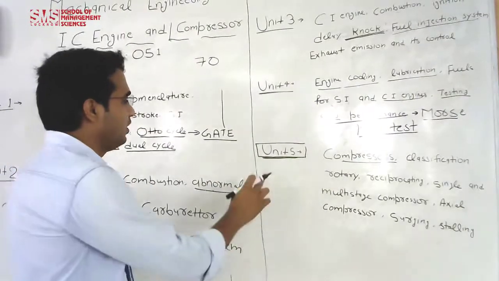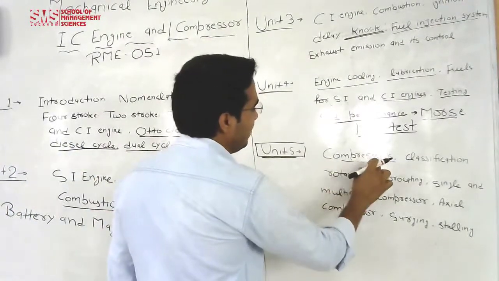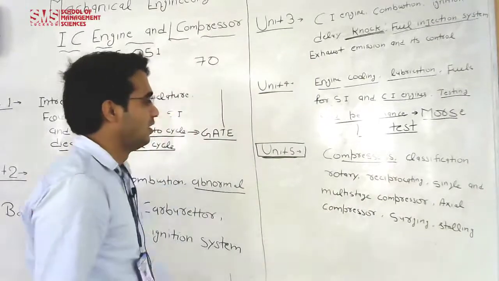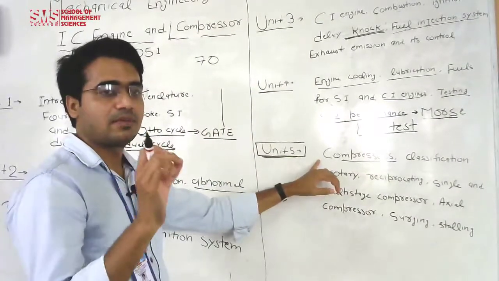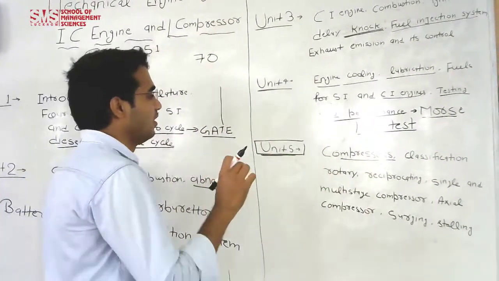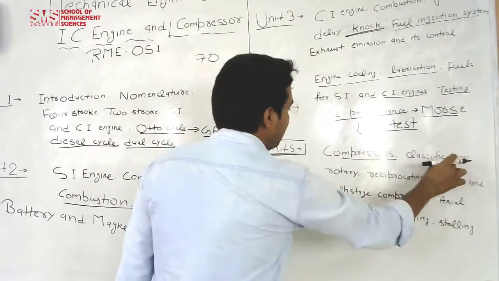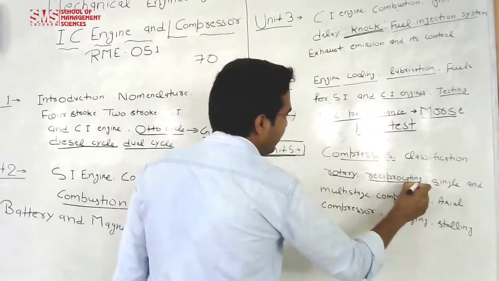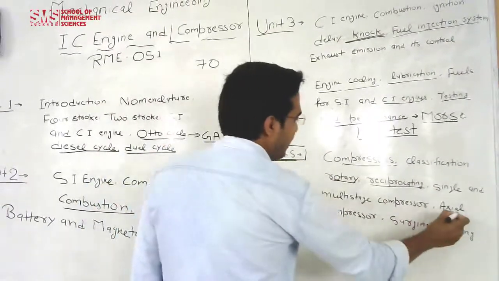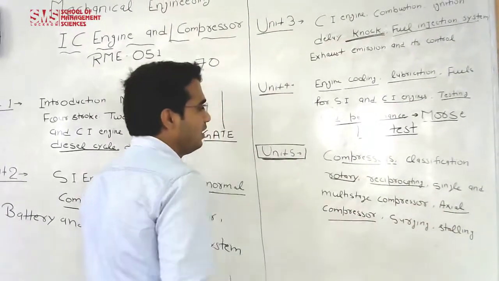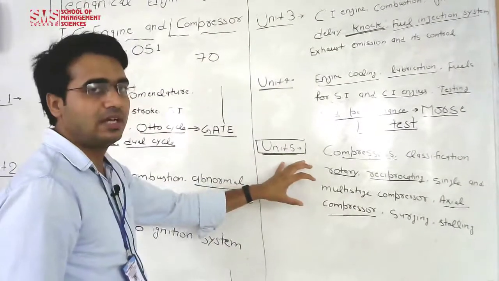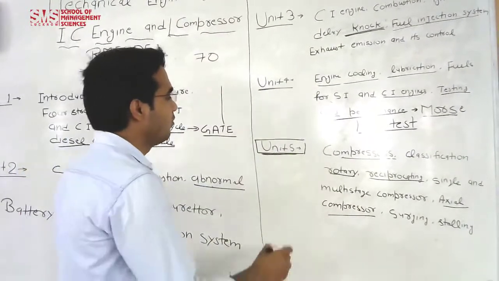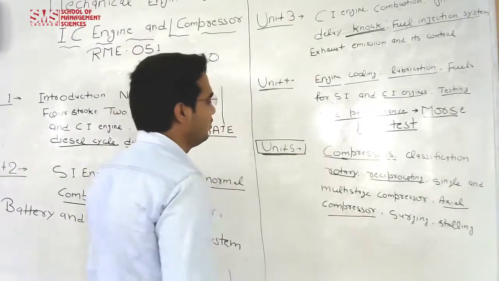In unit 5 you will study the compressor. What is the function of a compressor in an engine? What is the classification of compressors, such as rotary compressor, reciprocating compressor, and one more, axial compressor. You will study these compressors with the help of diagrams in this unit.